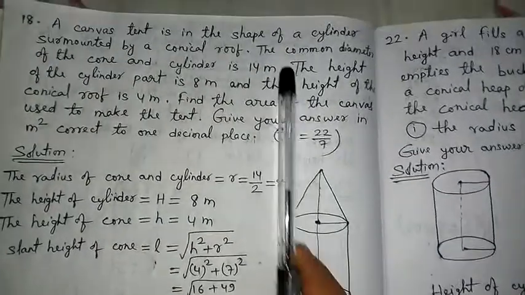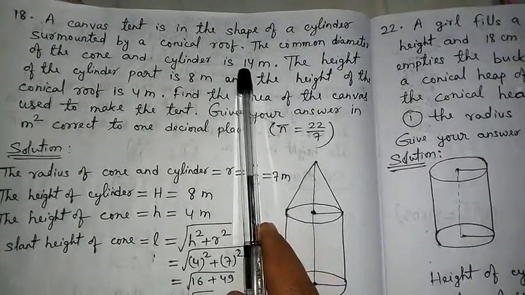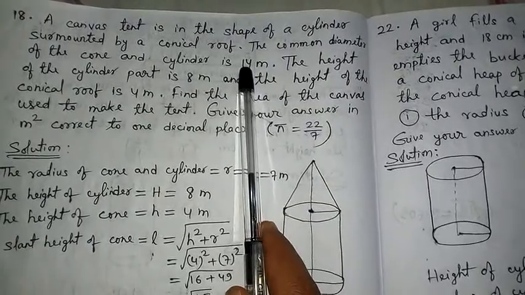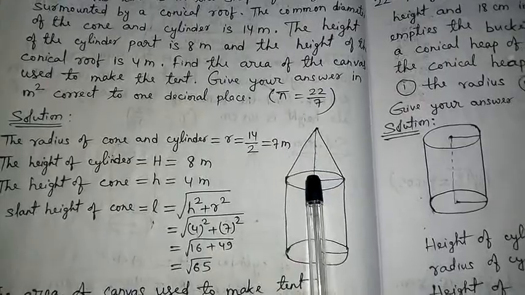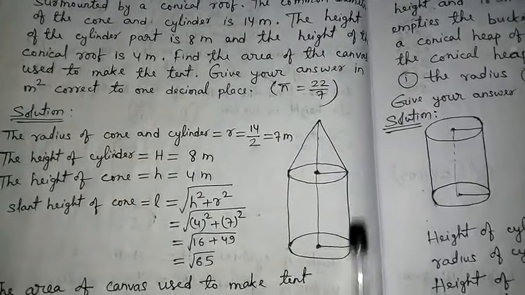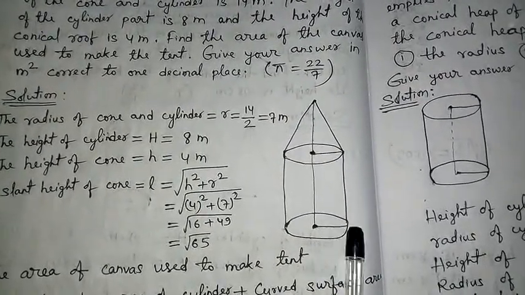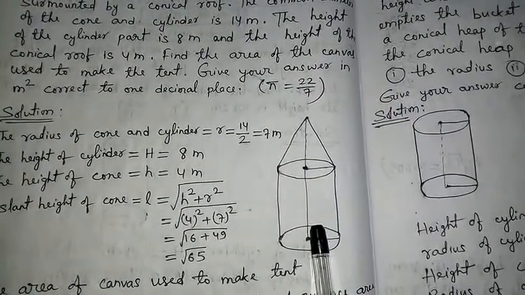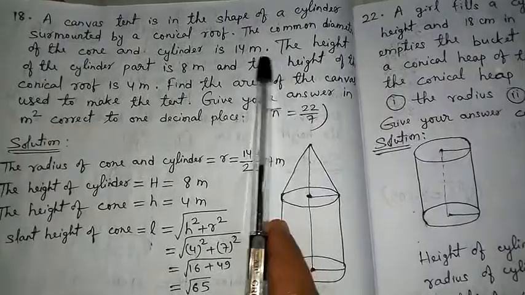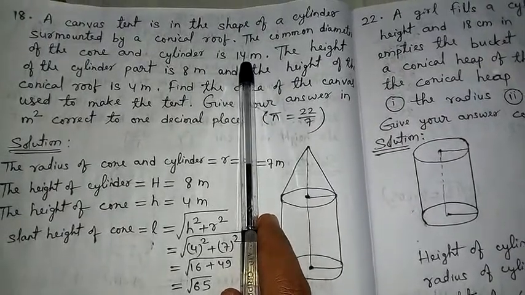So from the diameter the radius will come, half of diameter is radius, so it will become 7. Both are the same. The radius of the cone you can see here, and the radius of the cylinder is here, and both are the same, 7 meter as per the question, because it is half of the diameter.